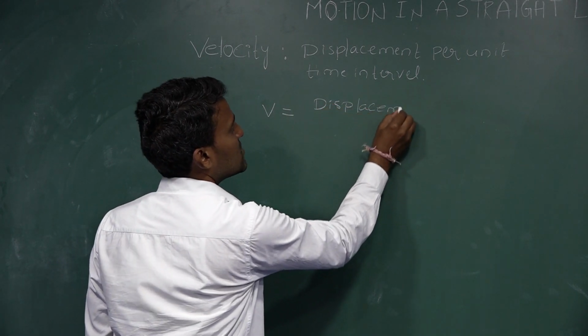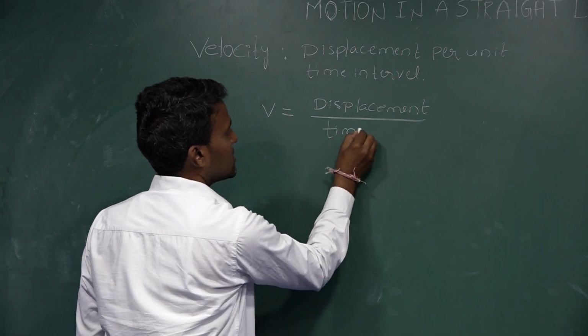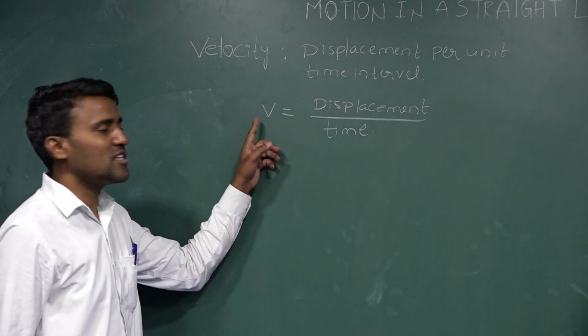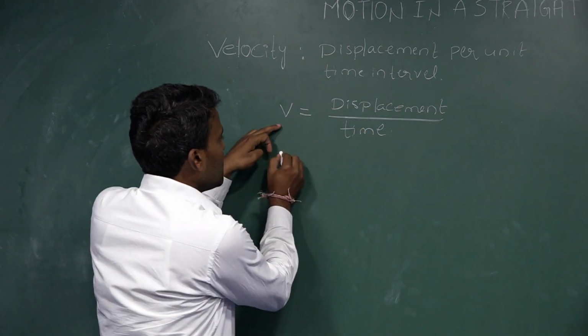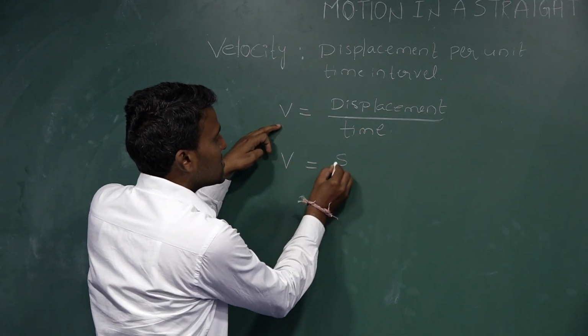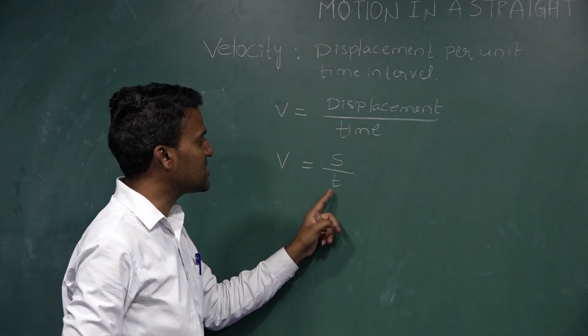Here V is velocity, and you can write V is equal to S divided by time. S I am giving as displacement, and time is T.